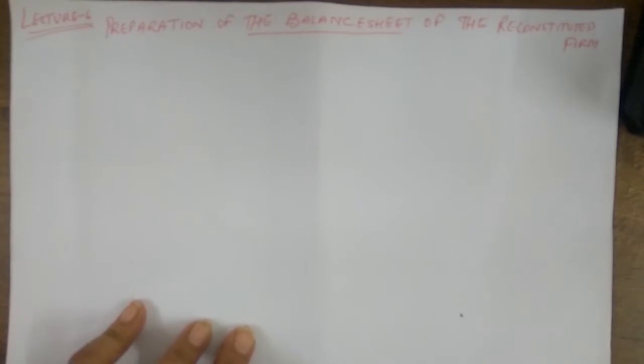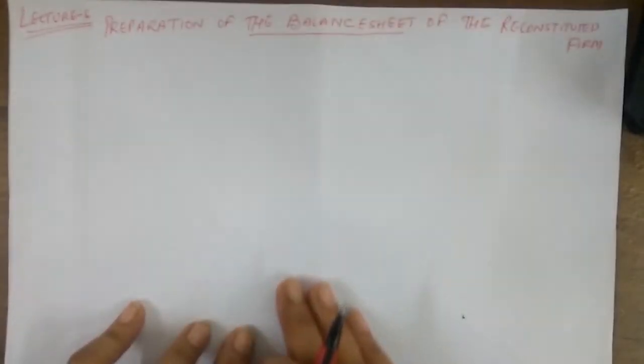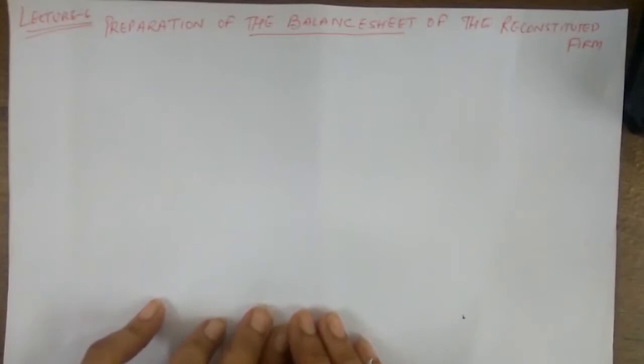The revaluation account is prepared to show the revaluation of assets and reassessment of liabilities. We know that for some assets and some liabilities, there is a change in their values. That change should be shown in the account named revaluation account.